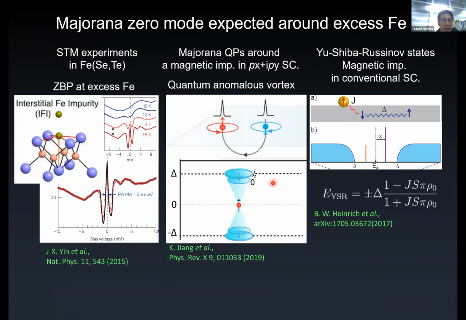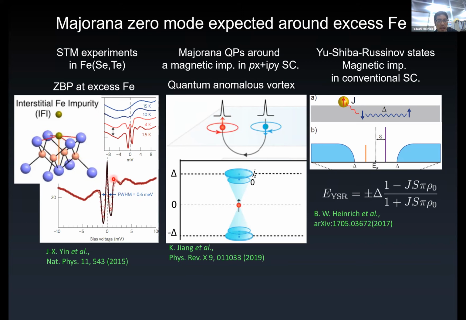Okay, so next, let me move on to the next topic associated with the electronic states around the excess iron impurities shown here, where the Majorana zero mode has been theoretically predicted recently. The first suggestion of the existence of the Majorana zero mode was made in these tunneling measurements, showing the clear zero energy peak around the excess iron impurities, as shown here.